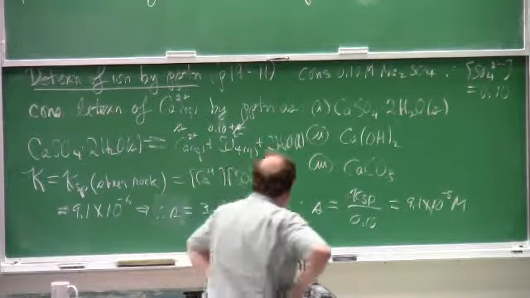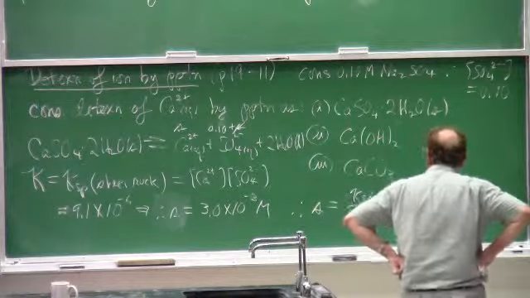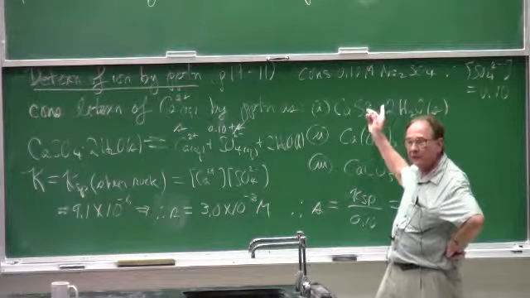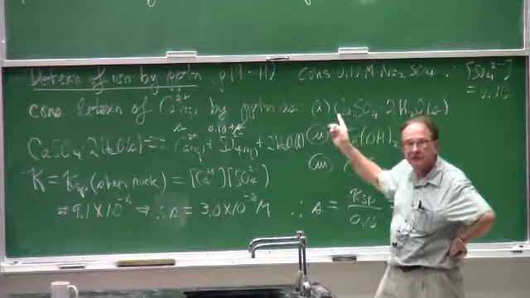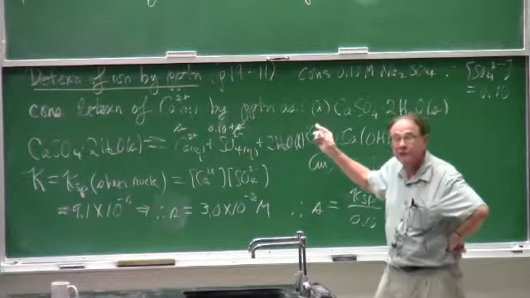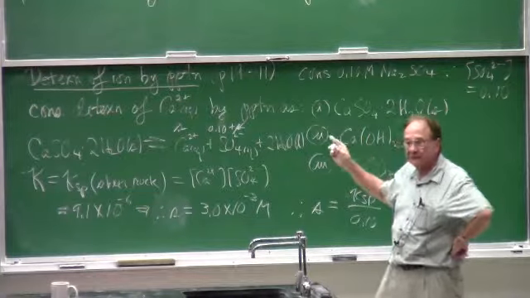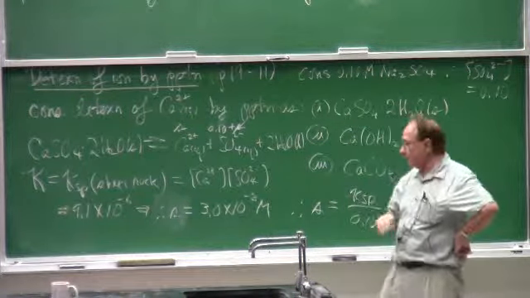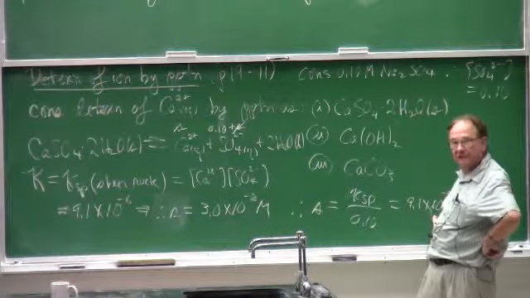So we have proven that if sulfate ion is 0.10 molar, I can successfully find calcium ion, or have the chance to successfully find calcium ion in the same solution, provided the calcium ion is at a molarity which is larger than this.